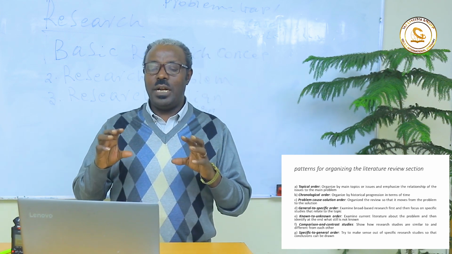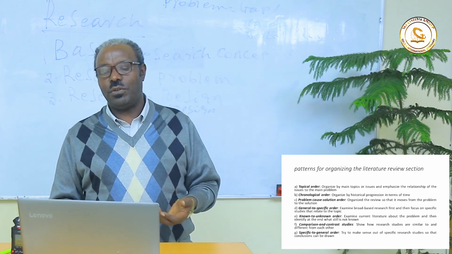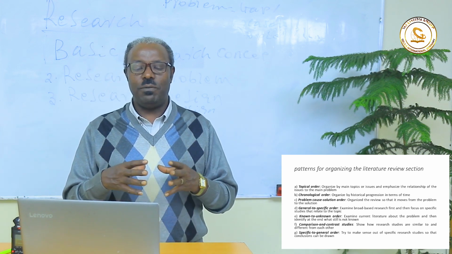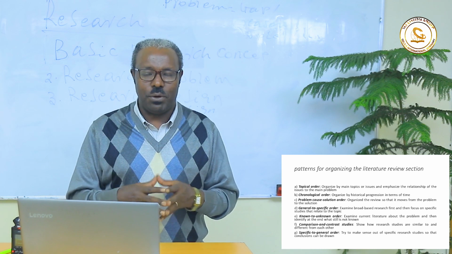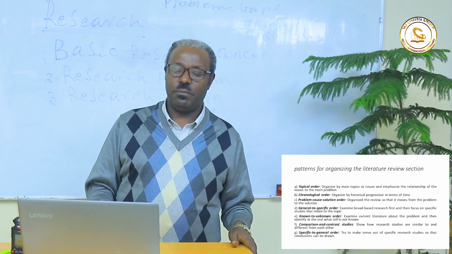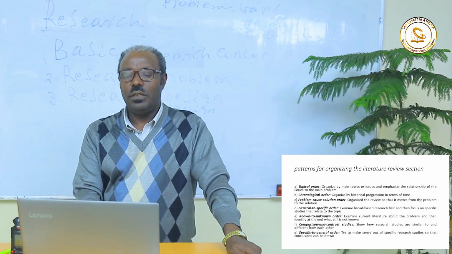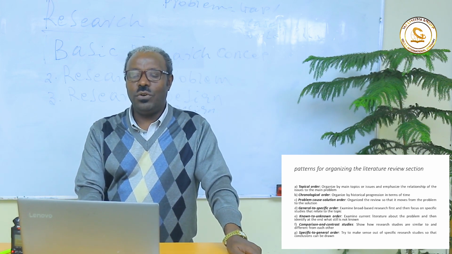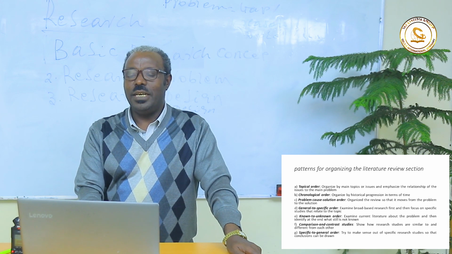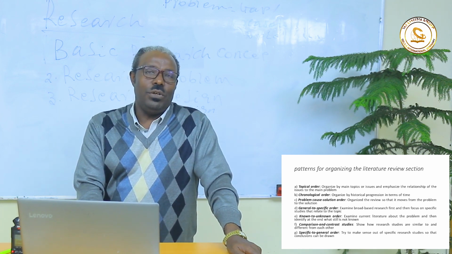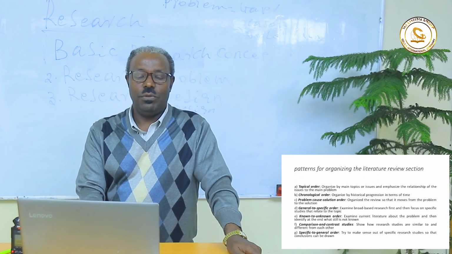It means organizing by main topics or issues and emphasizing the relationship of issues to the problem, the main topic. The second one is chronological order. It means historical progression in terms of time. Maybe old, new.